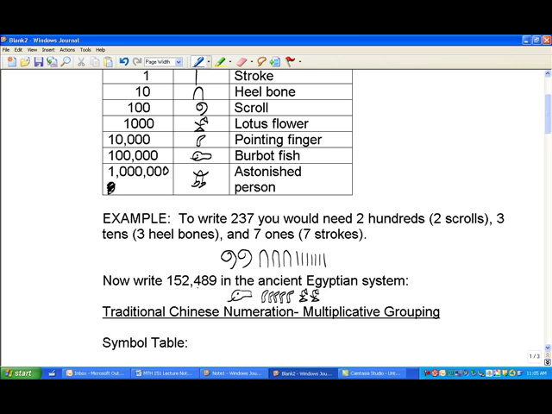And 400, we need 4 scrolls. And 80, we need 8 heel bones, and then 9 ones.